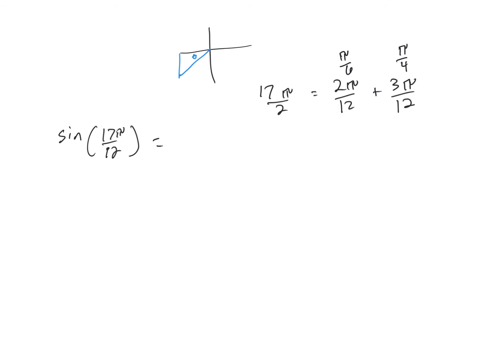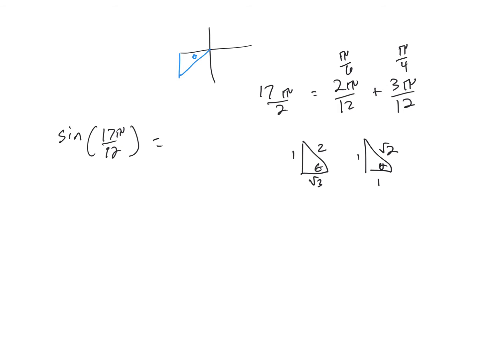If I draw some quick triangles to represent what that means, with my theta here, the first one I'm going to use is pi over 6. Pi over 6 will then be 1, root 3, 2. Pi over 4 is 1, 1, root 2.